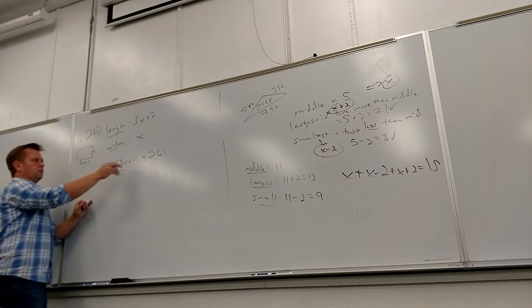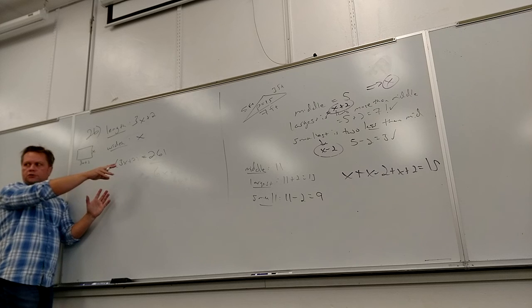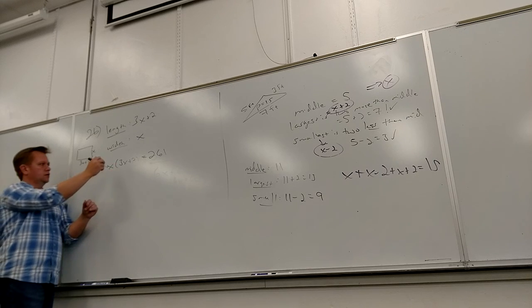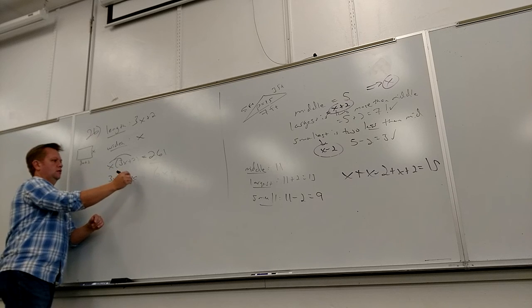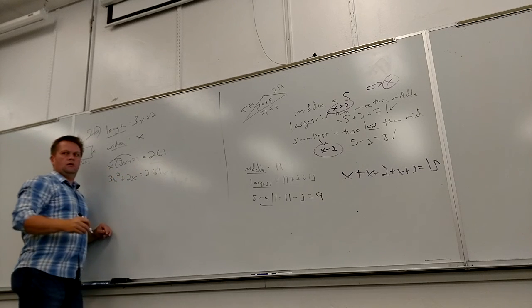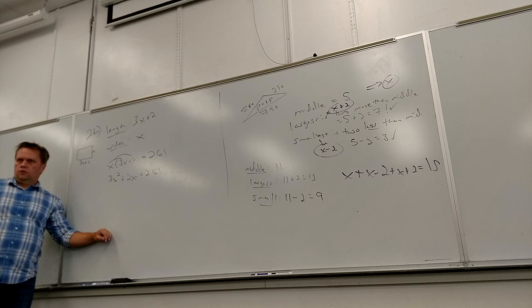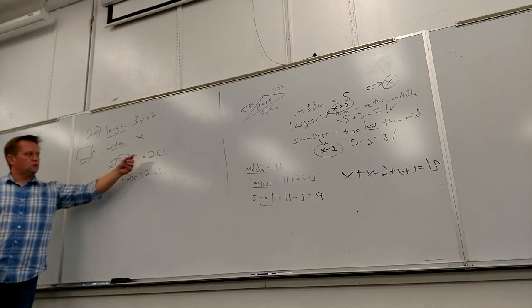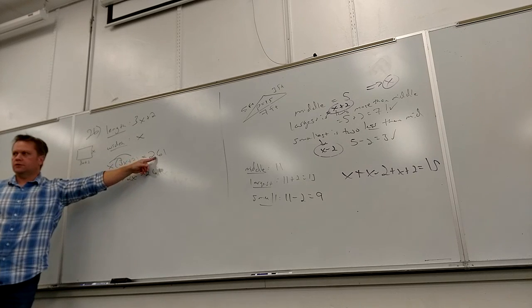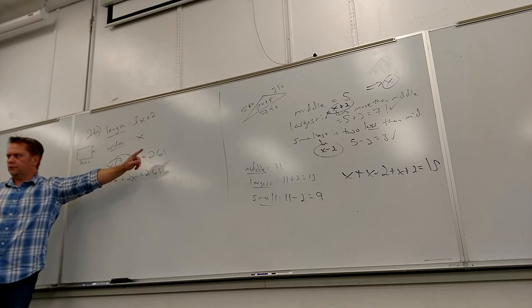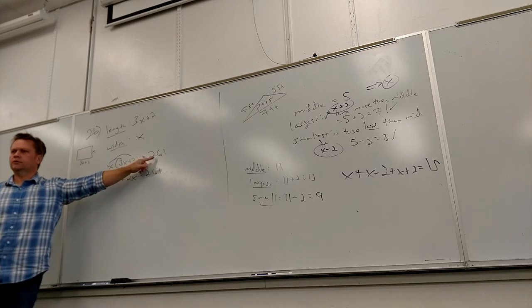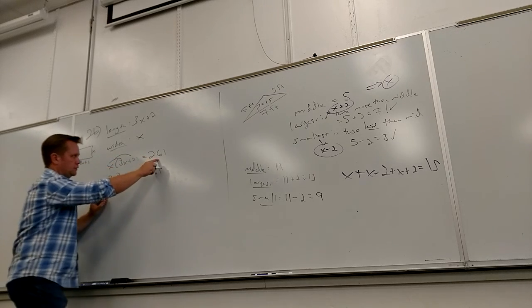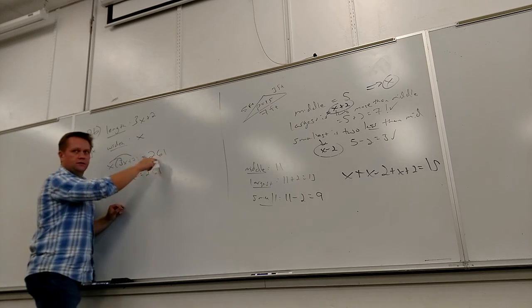So what tells you what you have to do to solve this? Because you have to distribute here, right? You can't just say x is 261 or 3x plus 2 is 261. Do you remember that?